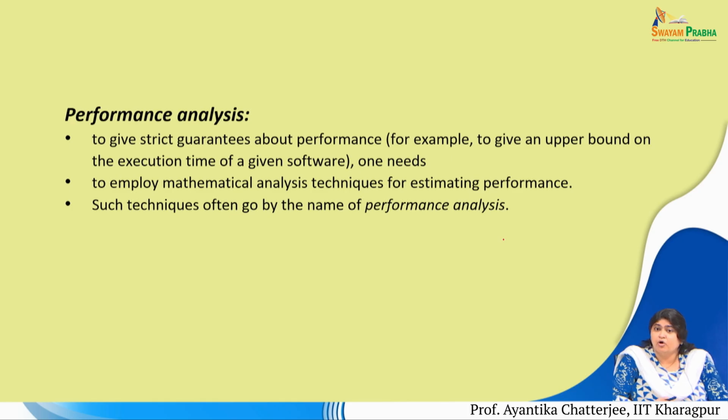We are covering all types of functionalities and maybe some critical points in terms of functionalities. But on top of that, as we already discussed, we need to have performance confirmation. That means we need some strict guarantee about performance.